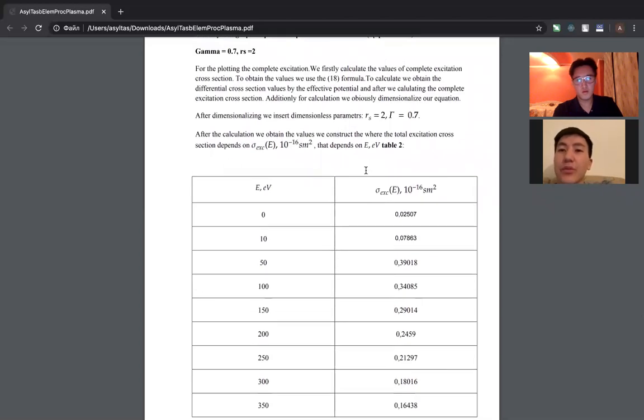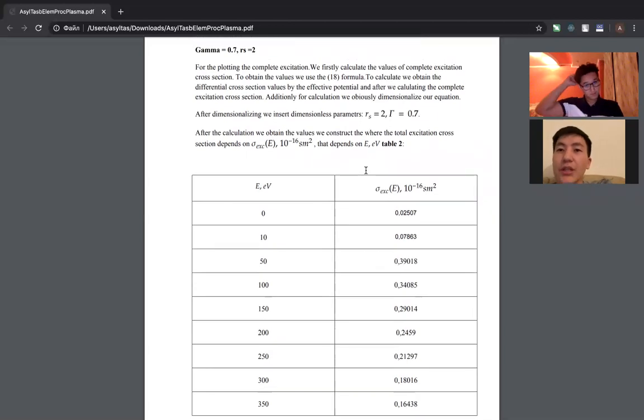For plotting the complete excitation, we firstly calculated the values of the complete excitation cross-section, and to obtain the values we use the 18th formula, and to calculate we obtain the differential cross-section values by the effective potential, and after we calculated the complete excitation cross-section.